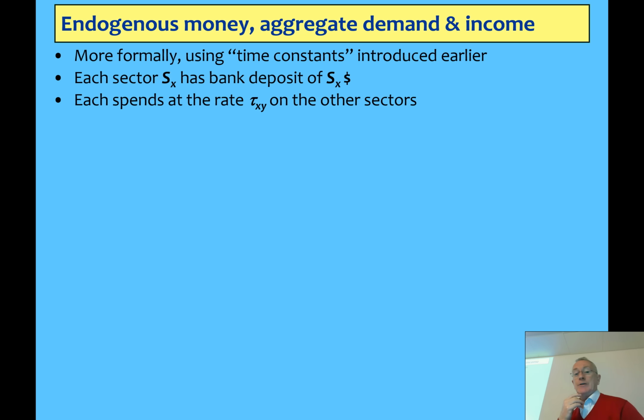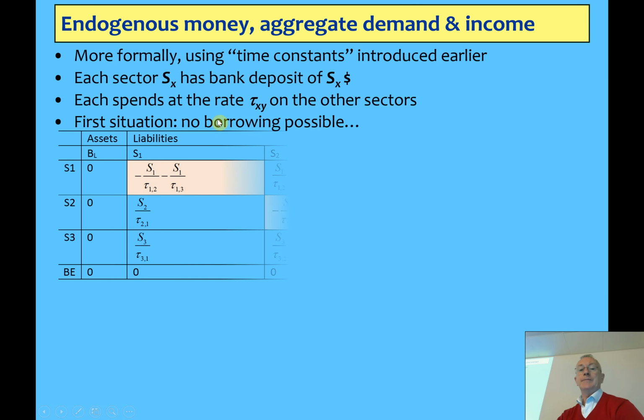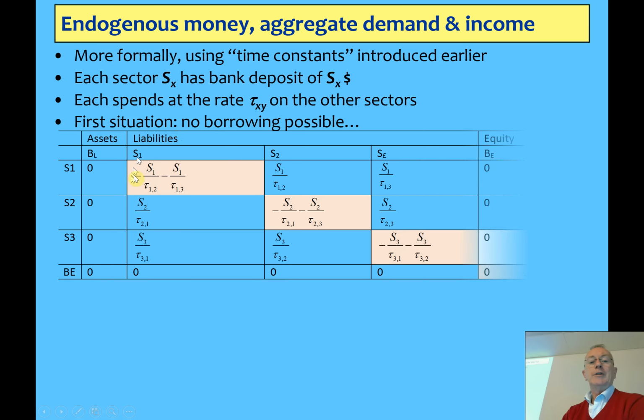The last 2 months. So I've got each sector having, sector X has a bank deposit which has SX dollars inside it. So I'm using SX as the symbol for the bank account, like I do in the Minsky tables. Spending at a rate of tau X of Y, so tau X of Y is the time constant for sector X buying from sector Y. And basically the same sort of situation. So now I'm showing the spending as being, there's the amount of money that sector 1 has, there's its spending on sector 2, and there's its spending on sector 3.